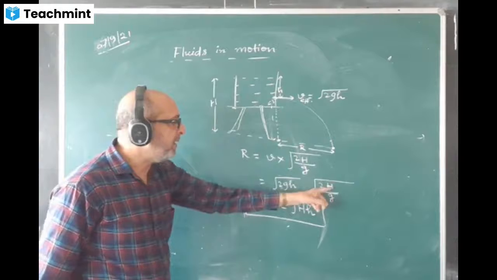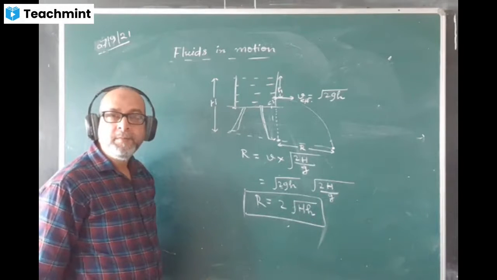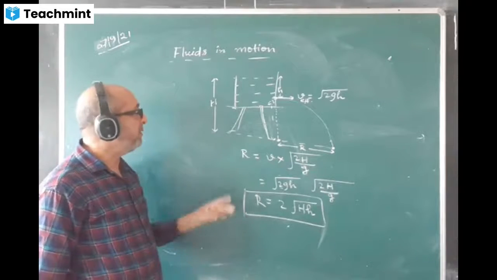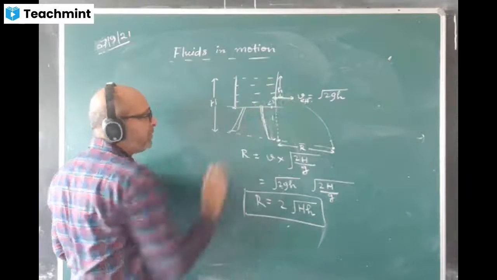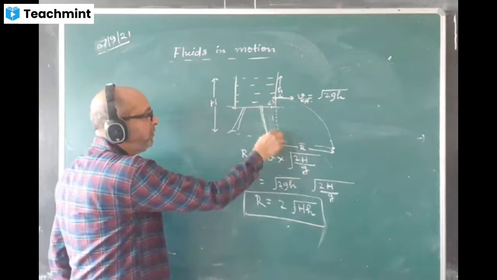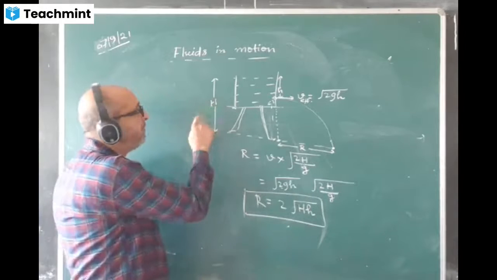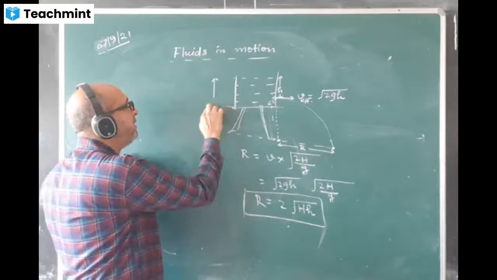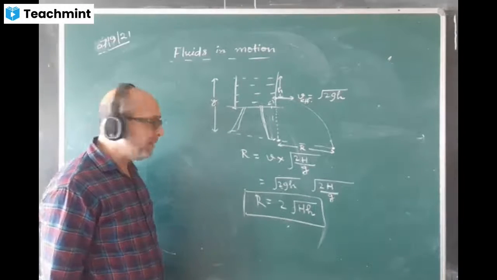Then there you will write H minus small h. If the diagram is like this, the height from here till here will be H minus h. But if this height is known, we directly take that height as H. Or let us write this height not as H but as y.